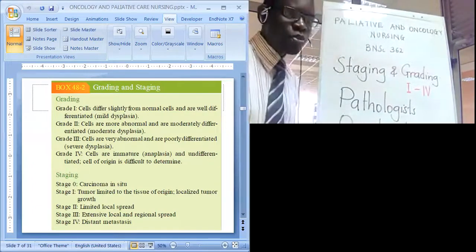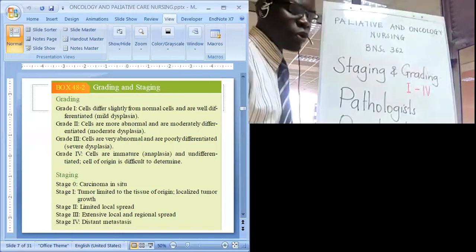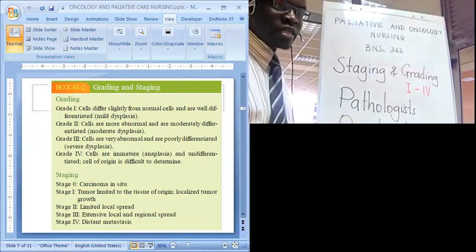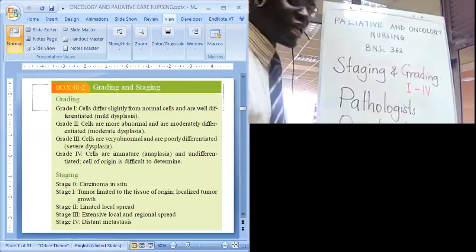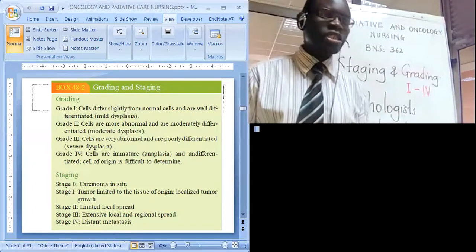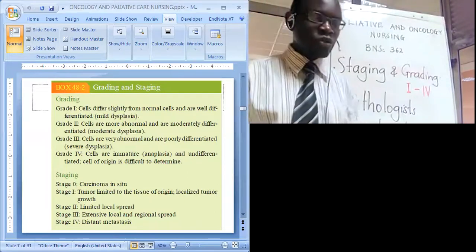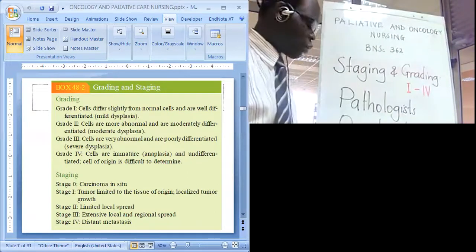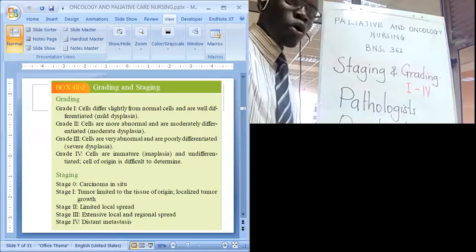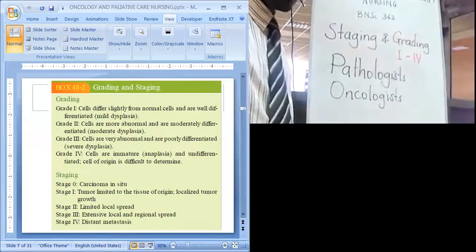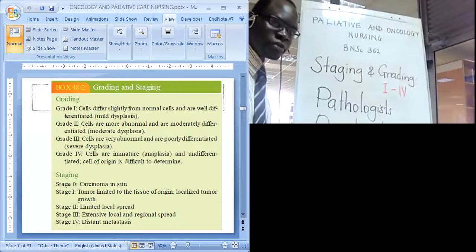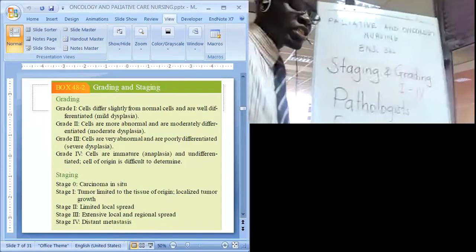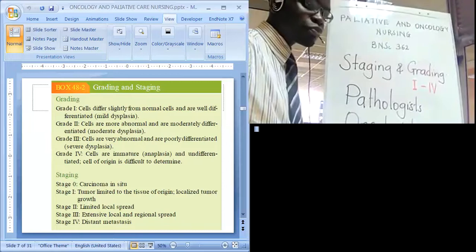These are the people that study these changes in cells. They are called pathologists or oncologists, as you can see there. So they study changes in cells.